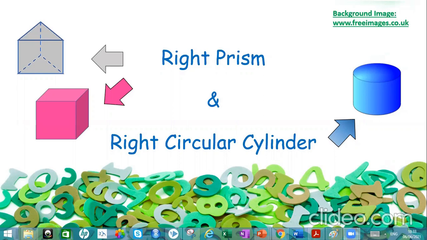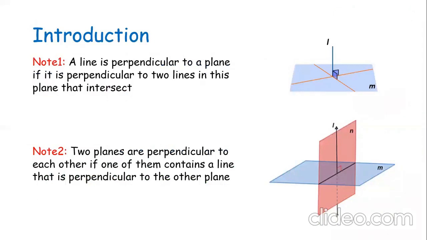Now let's start. So before we define the prism or the right prism, we have two notes that are important to understand this definition. Note 1 says a line is perpendicular to a plane if it's perpendicular to two lines in this plane that intersect.